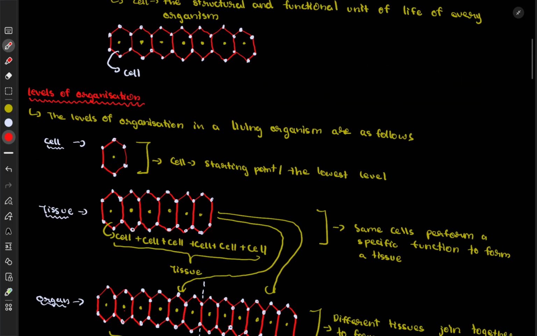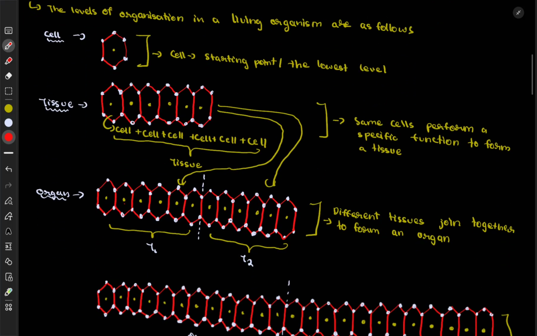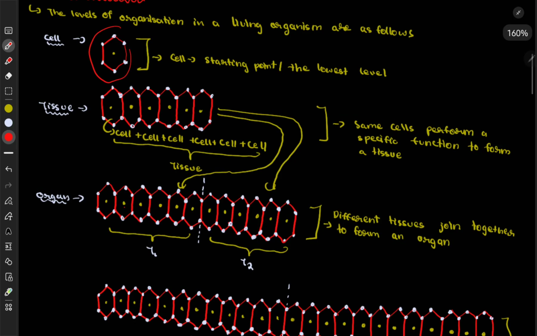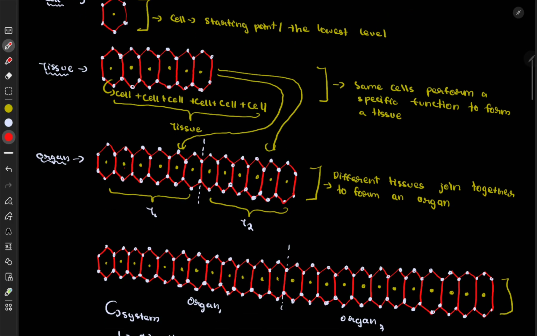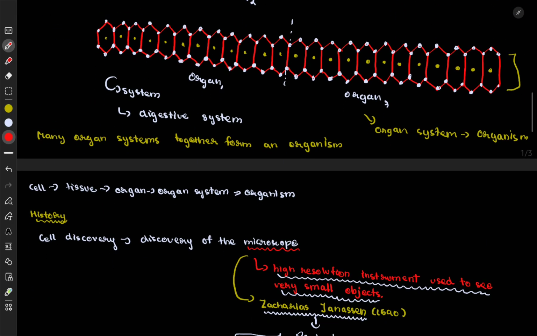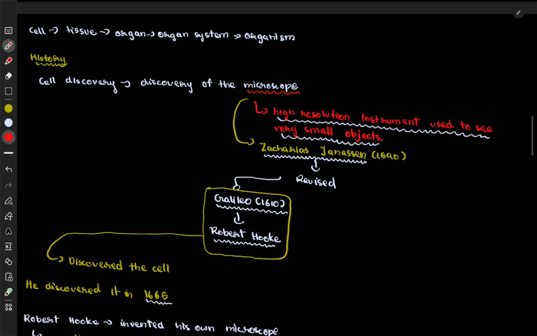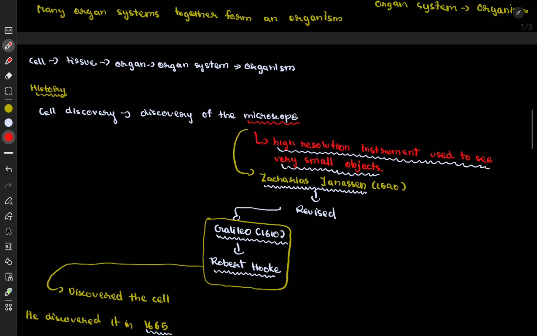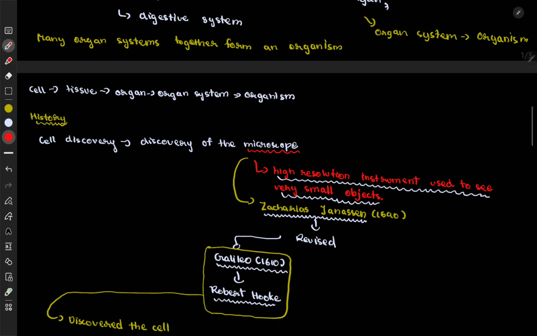The levels of organization in living organisms are as follows. Then I drew this thing, a hexagonal unit which is a cell. Cells form tissues, tissues form organs, organs form organ systems, and different organ systems form an organism. Now, the discovery of the microscope.